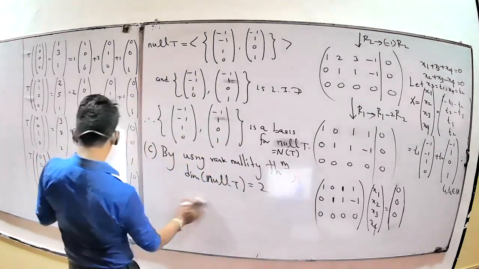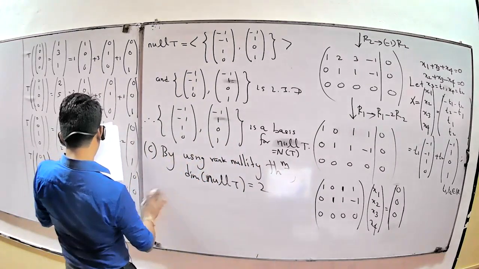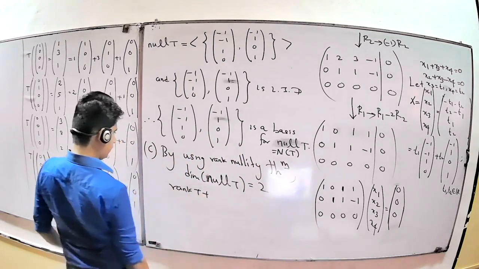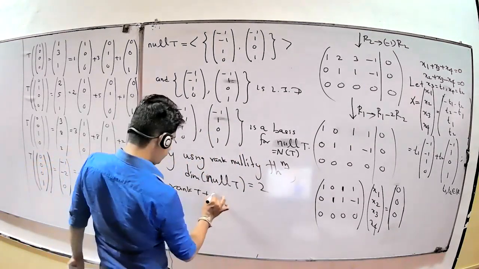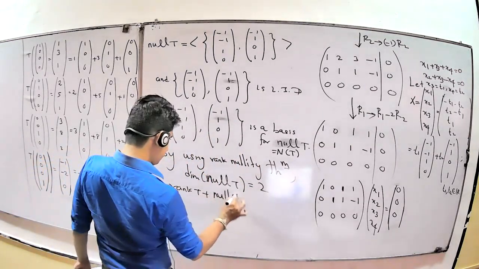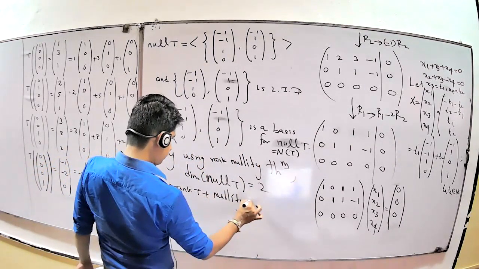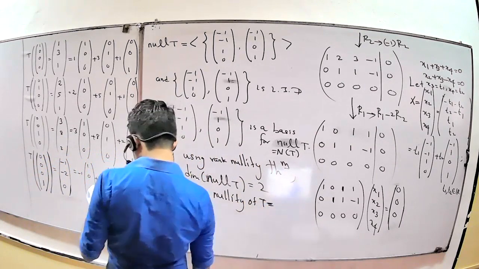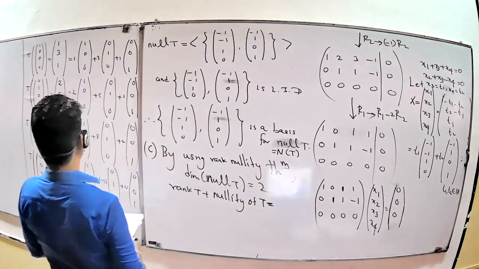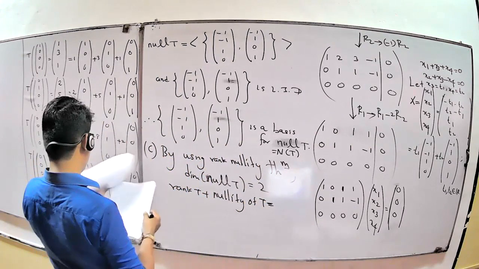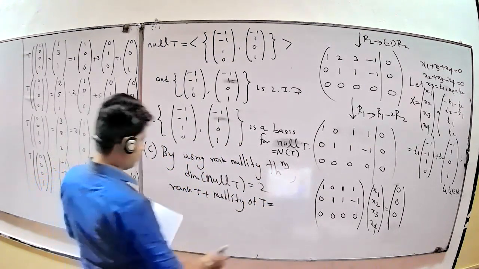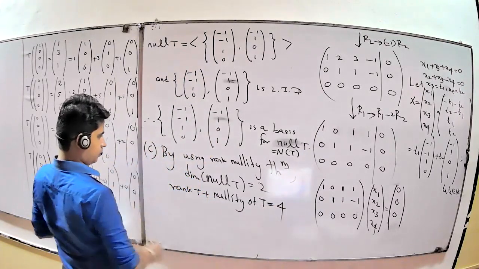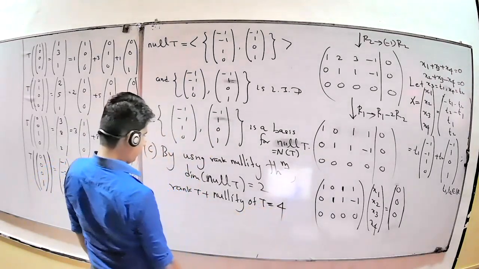You have the formula for the rank nullity theorem: rank of T plus nullity of T equals the dimension of the domain. What is the dimension of R power 4? It is 4.